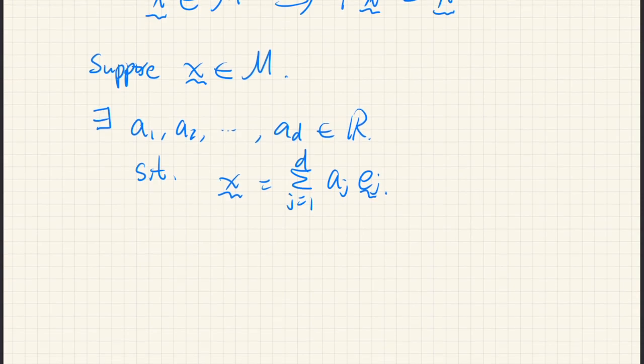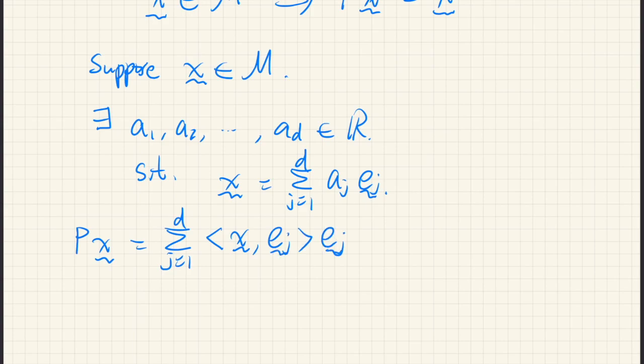Right. Now let's apply the projection. According to the definition, this is the sum over j of x times ej, ej. Now substitute this. Let's use a different index, not j but i.